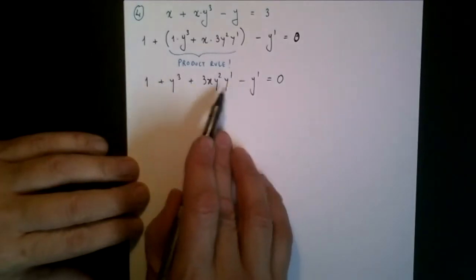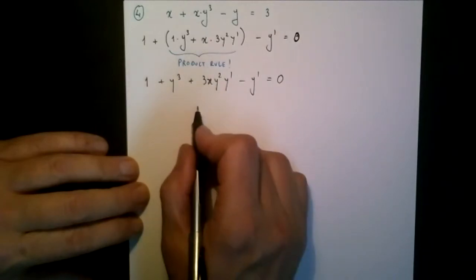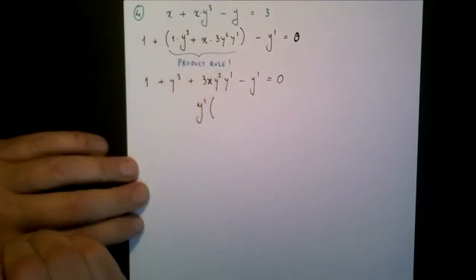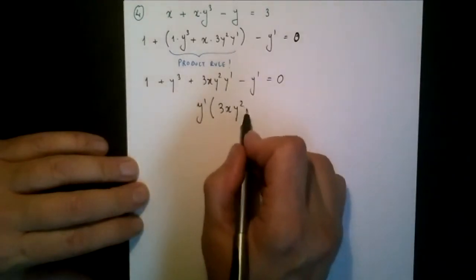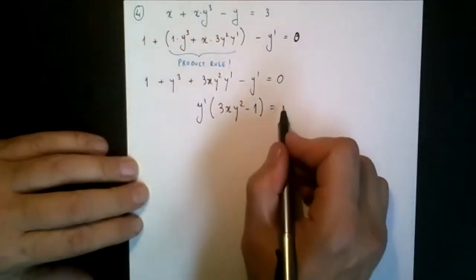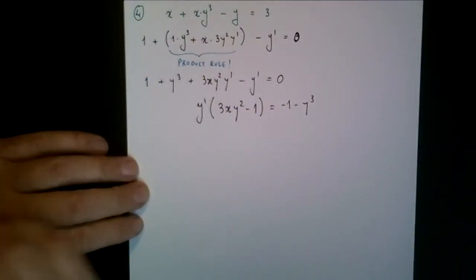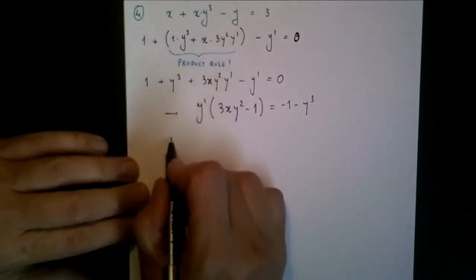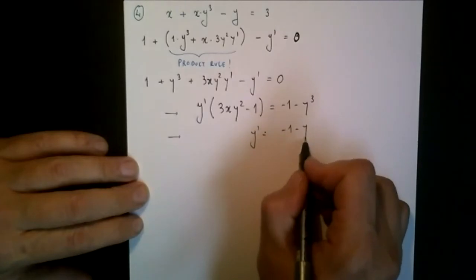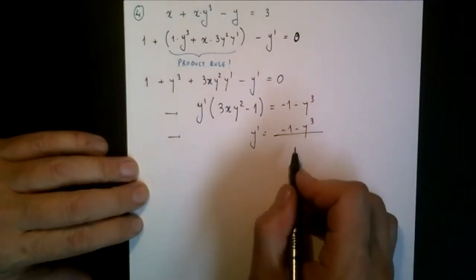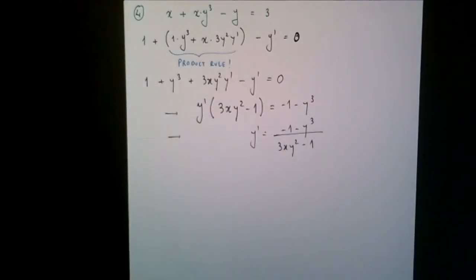Everything that doesn't have a y prime, I'm going to send to the right side, and these two here, I'll factor out a y prime. y prime times (3xy squared minus 1) equals negative 1 minus y cubed. And so y prime is negative 1 minus y cubed over 3xy squared minus 1.